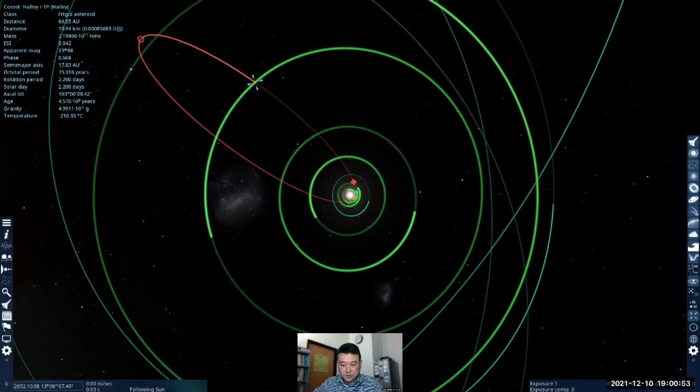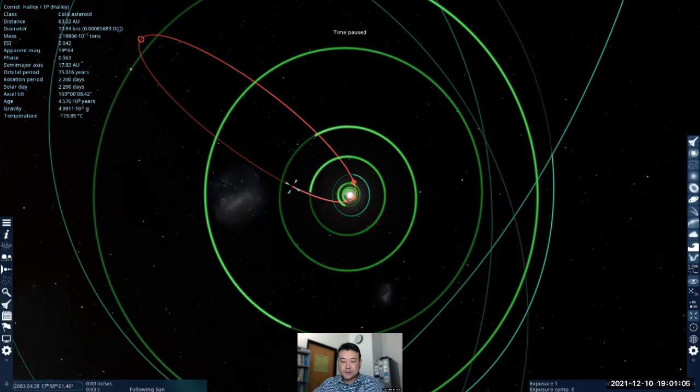And I'm going to resume the simulation and watch how it gets faster as it gets closer to the sun. Near the perihelion, it goes by super fast. So the entire orbit of Halley's Comet again is 75 years. I'm going to reverse the time a little bit so that we can look at that close approach in more detail.